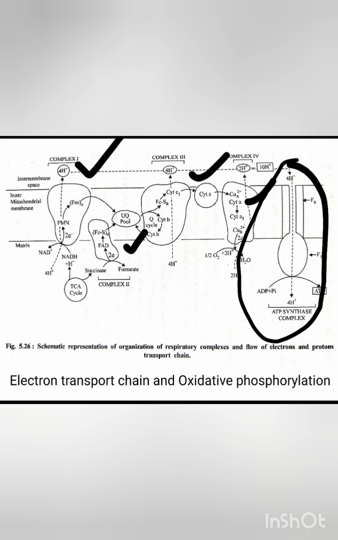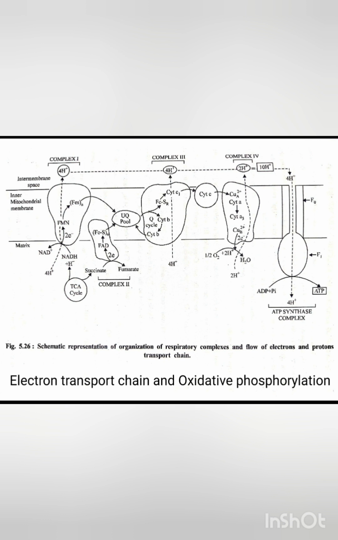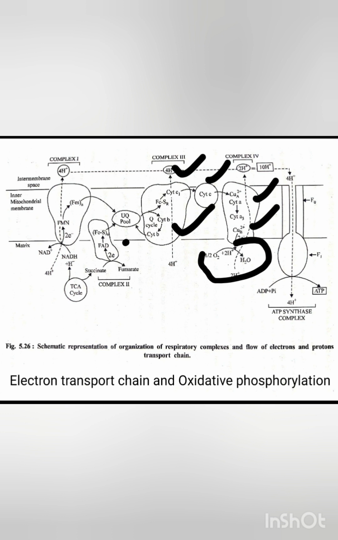The most accepted sequence of these electron carriers is first NAD, then FAD, then coenzyme Q, then cytochrome b, then cytochrome c1, then cytochrome c, then cytochrome a, then a3, and finally O2 accepts this electron forming H2O, or water. So this is the sequence of electron transfer.